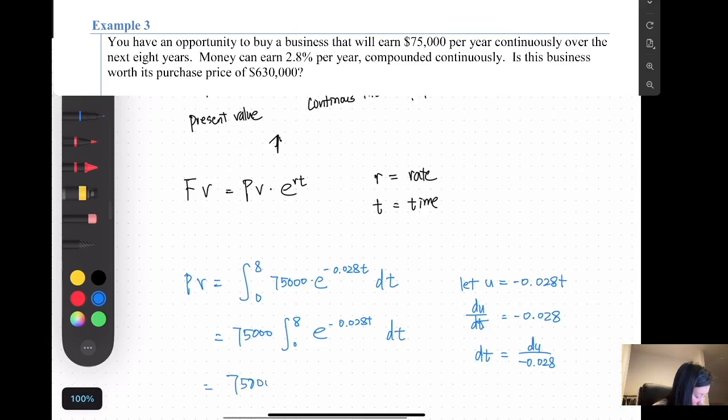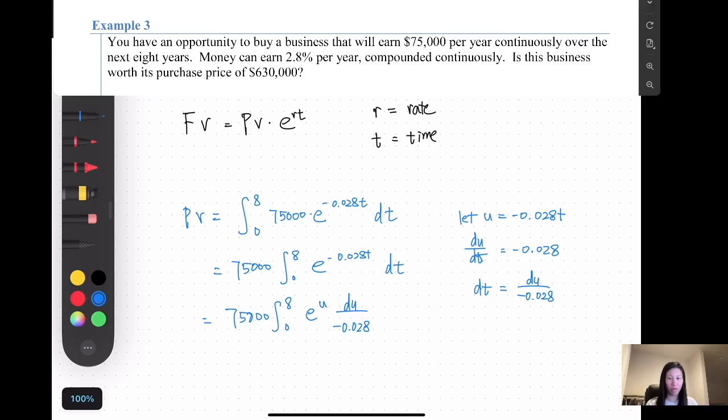Now I substitute these into our integral. I have e to the u, and dt is equal to du over negative 0.028. Now we can pull out the negative 0.028, and then you integrate e to the u from 0 to 8.